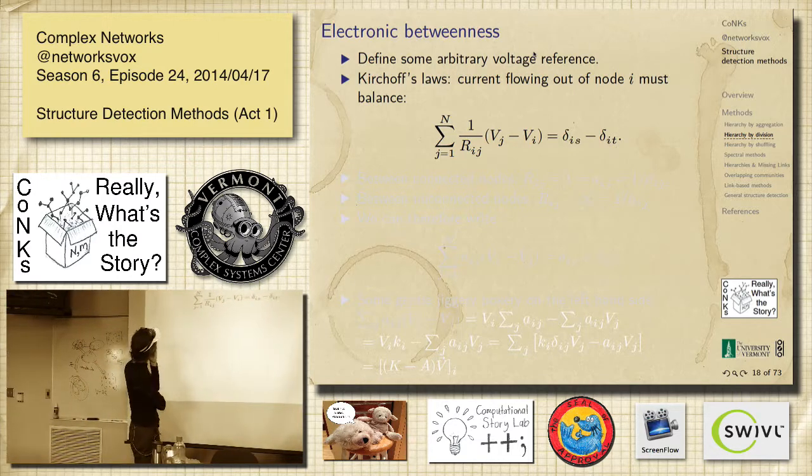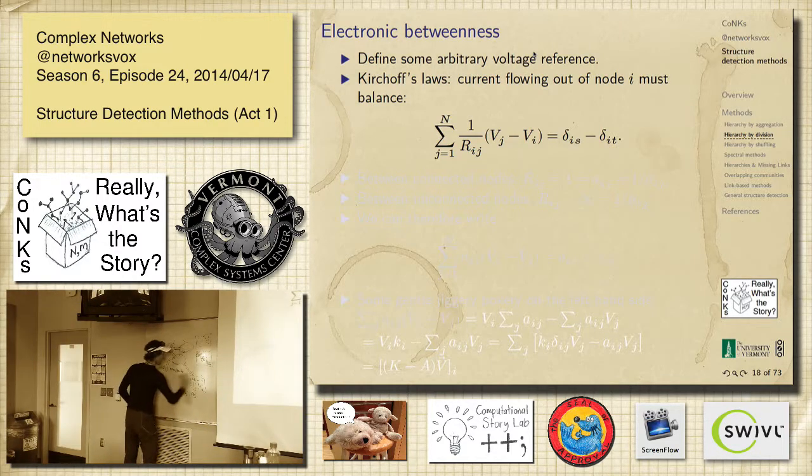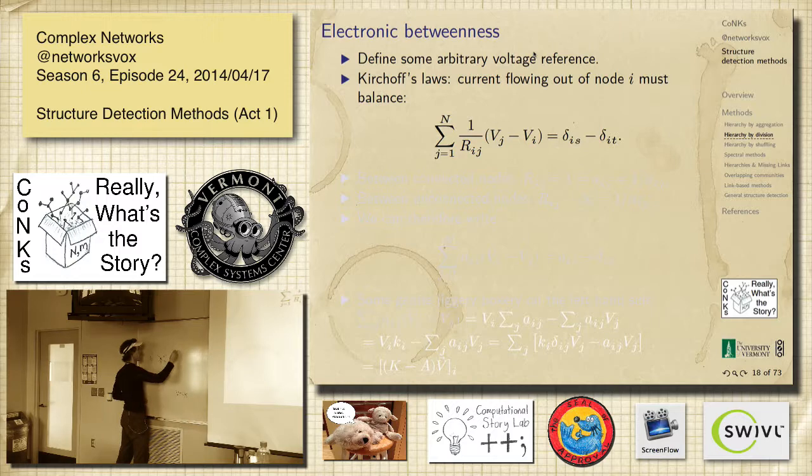Okay, so now we're just looking at a particular node. Right, so here's I. It's got some current flowing in and out. S and T are somewhere in the network, and so there's current going in and being taken out.